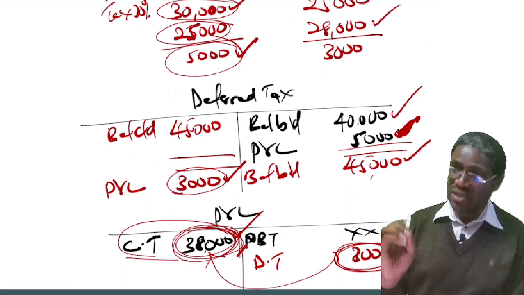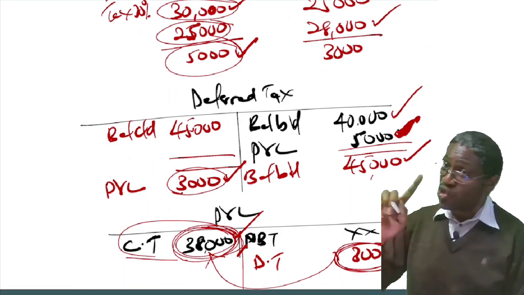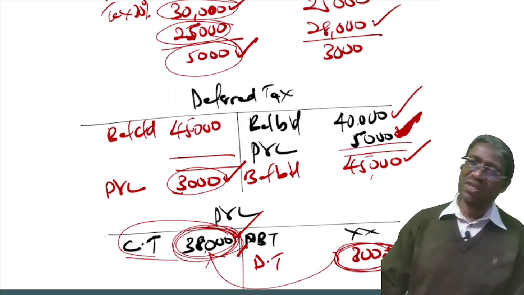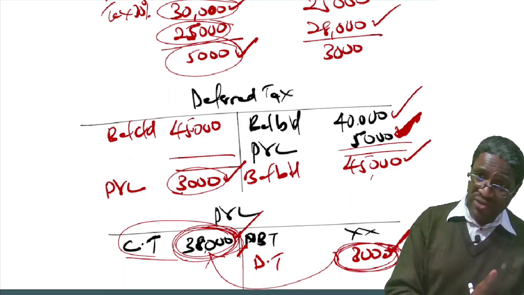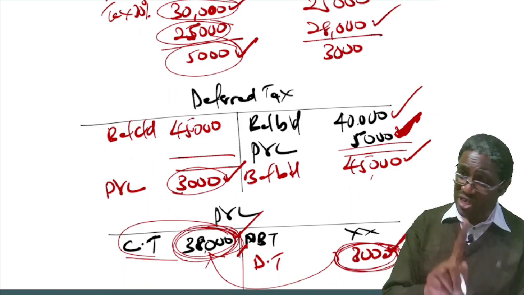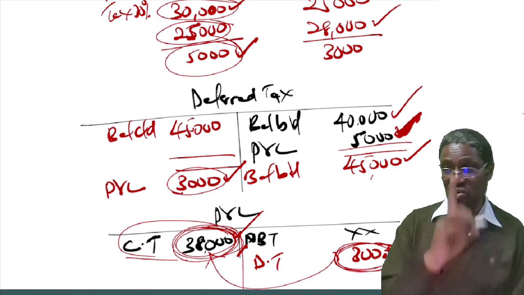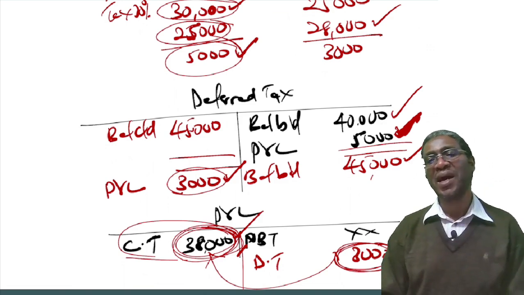If you are transferring to the deferred tax, you will have to credit deferred tax by 5,000. You will debit P&L account by 5,000. When you are debiting P&L account and there is already a corporation tax, you are increasing the debit. So you add. Are you there?